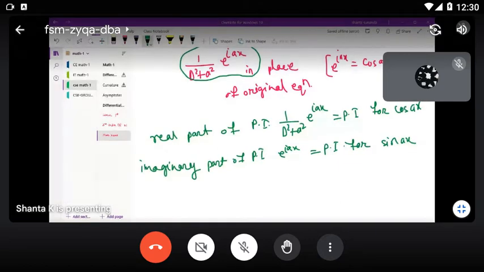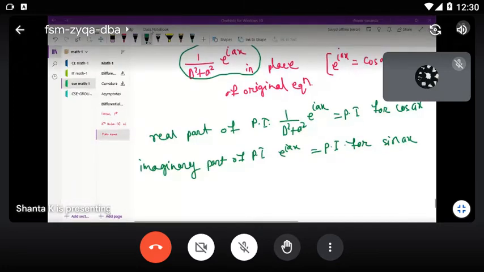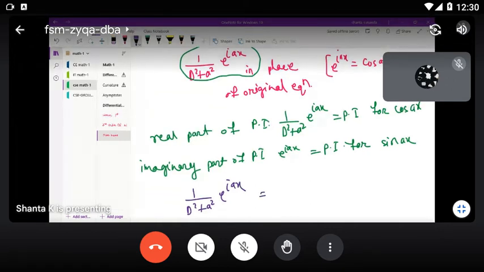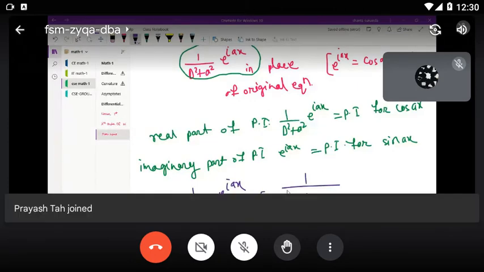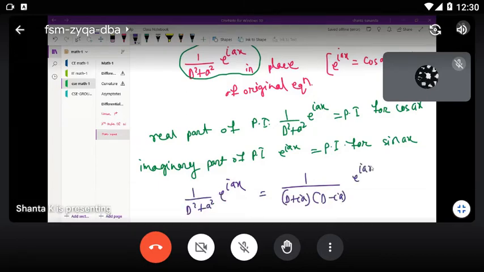If you want, you can see it also. Let me show you. 1 by d square plus a square e power i ax. We will not put a square directly, so we will factorize this: d plus ia into d minus ia, e power i ax.